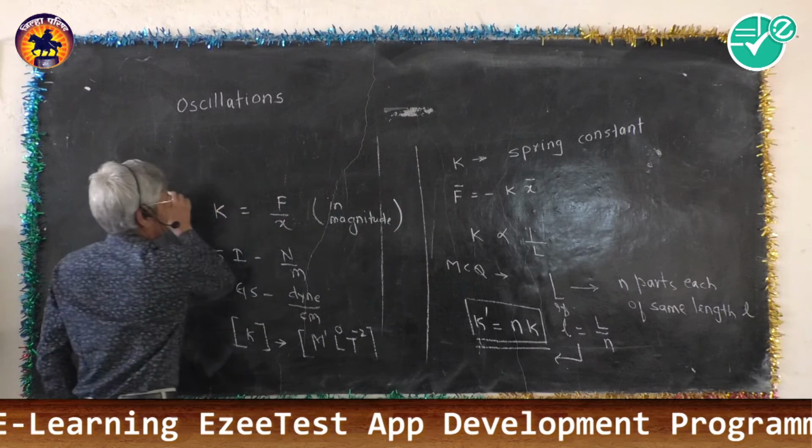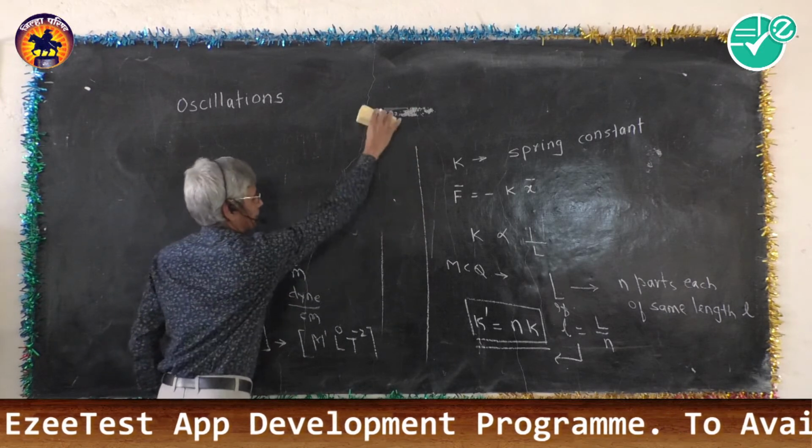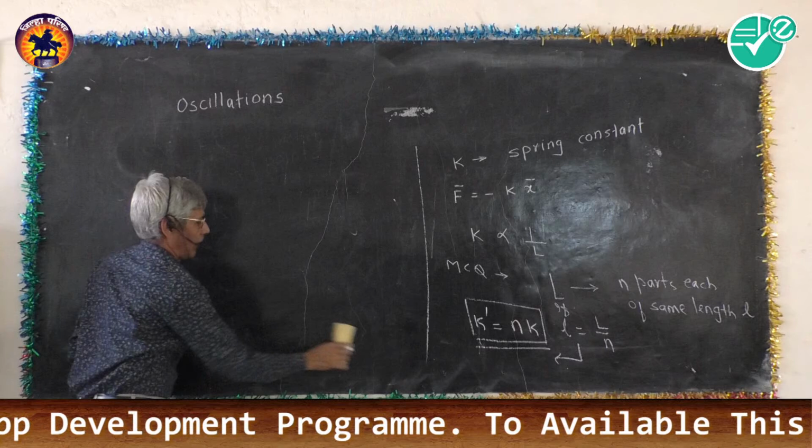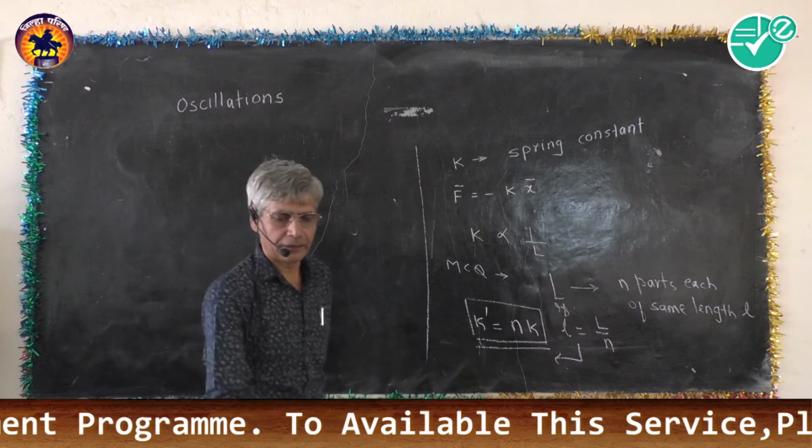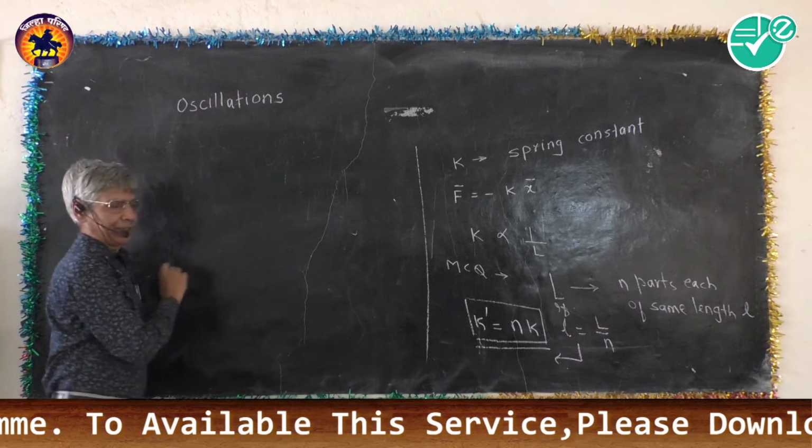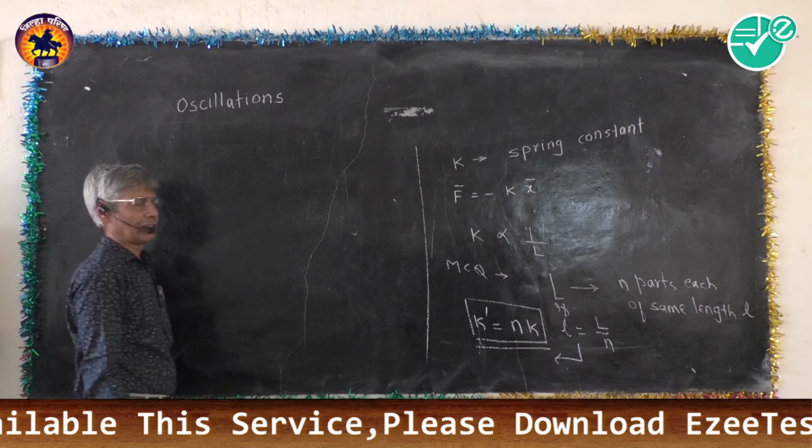Now, the second MCQ point about this spring constant is the combination of the springs during the oscillation.